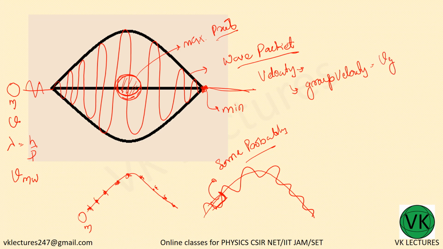It is also called the velocity of the matter, because this velocity of the matter is nothing but group velocity. At whatever velocity this wave packet moves, at that velocity only this particle will also move. So that is nothing but V, the velocity of the particle.